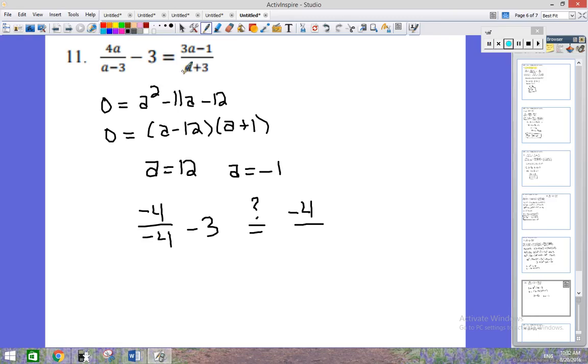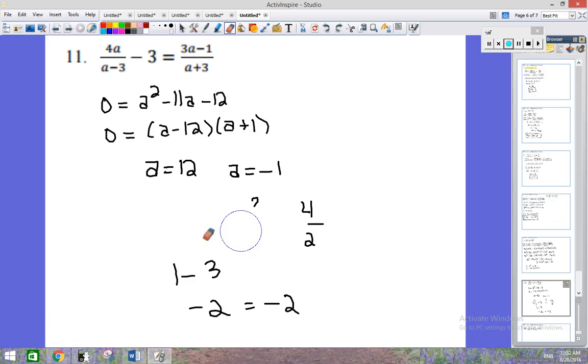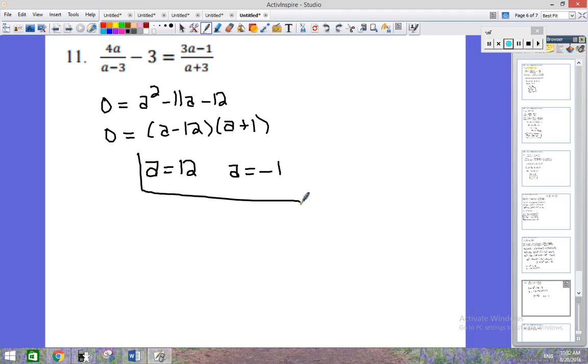We'll have negative 1 plus 3, that's a 2. So over here, I have 1 minus 3, which is negative 2, and over here, negative 4 divided by positive 2 is negative 2. So it checks. Both of those satisfy the original equation. These are both in the solution set.